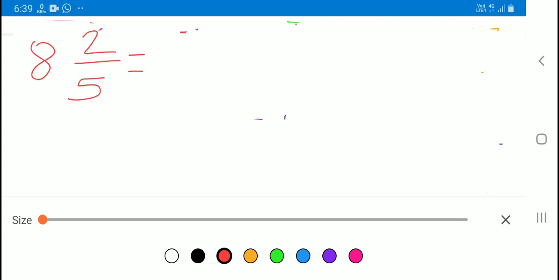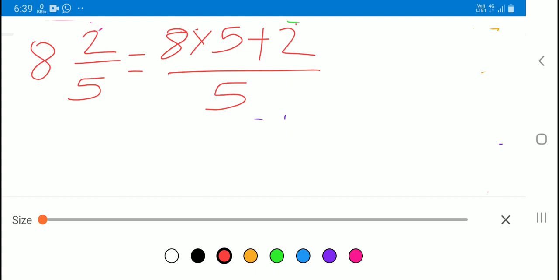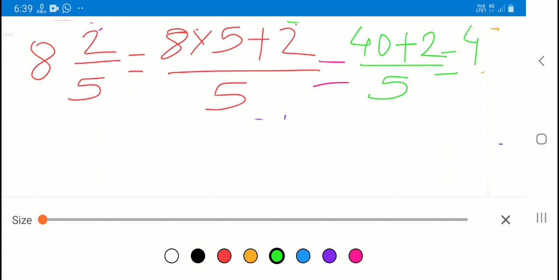Which number do we have to multiply? 8 multiplied by 5 plus 2 upon 5 is equal to 8 5s are 40 plus 2 upon 5, that is 42 upon 5.